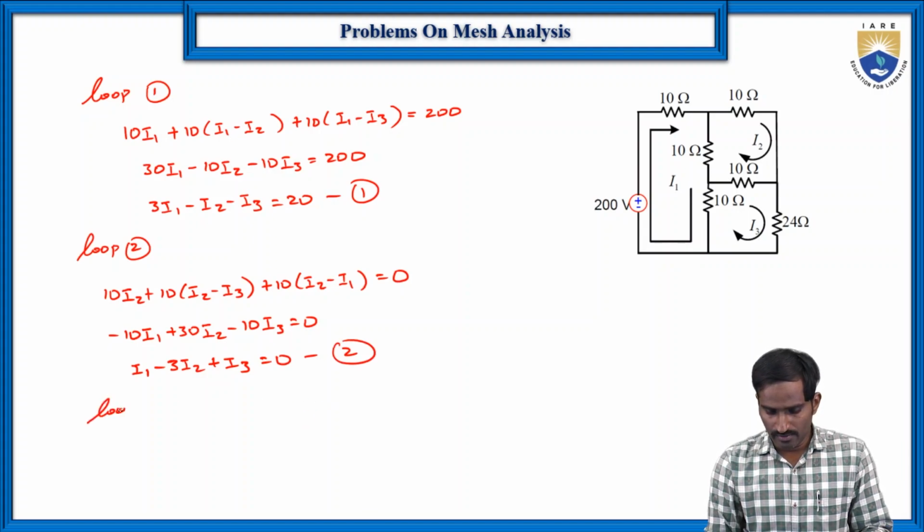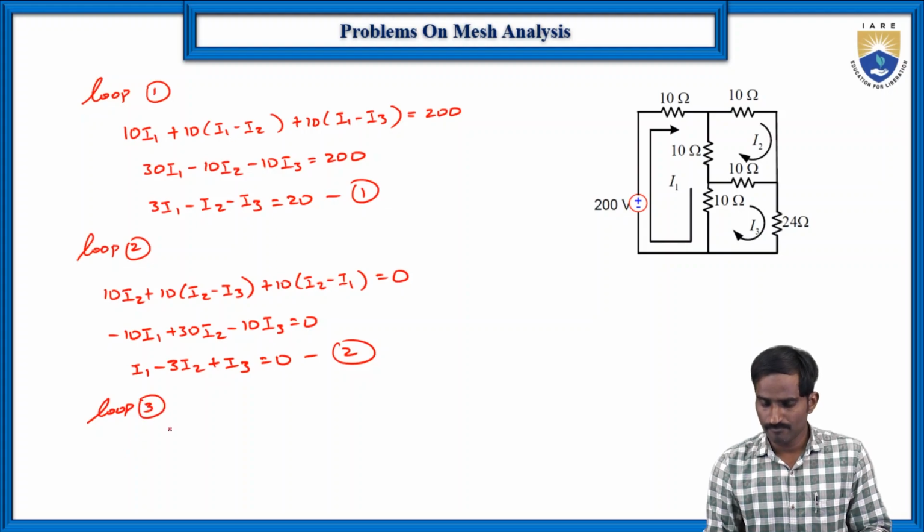Then for loop 3, it is 10 into (I3 minus I2), plus 10 into (I3 minus I1), plus 24 I3, which is equal to 0.